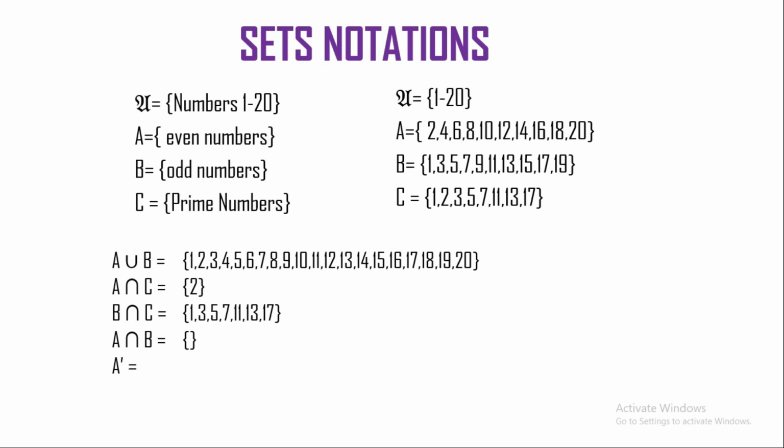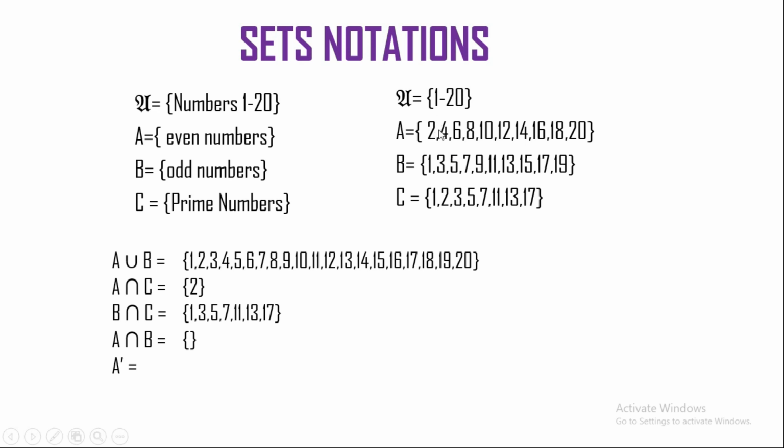Now A prime, just like we defined the complement of a set, A prime or A complement is the numbers that you see in the universal set but cannot see in that set.